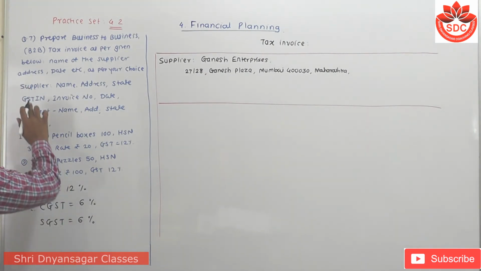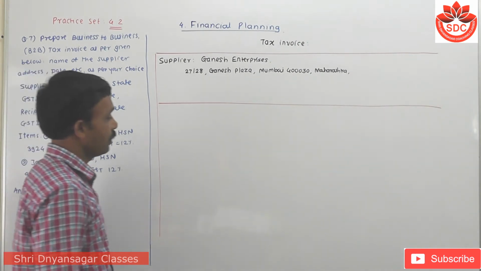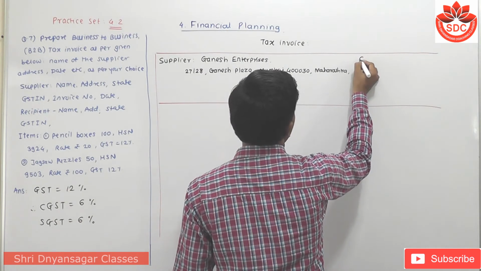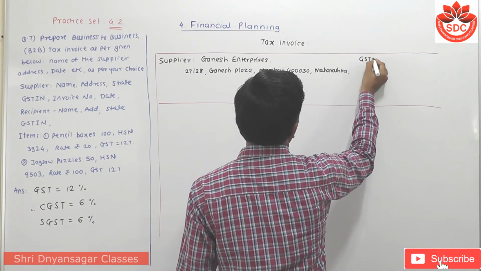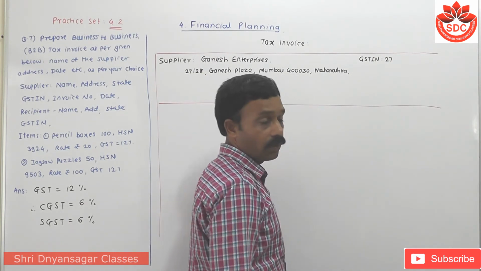Then GSTIN number here, invoice date and tax here. GSTIN number I have to write here. This is first the state code.